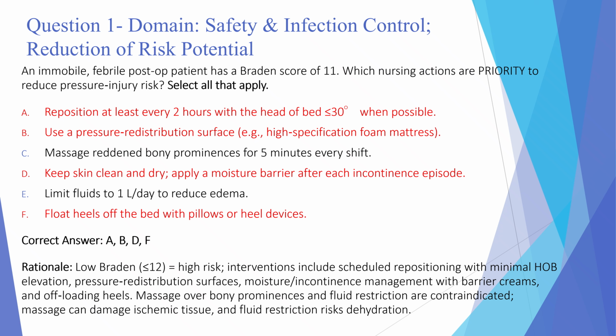Interventions include scheduled repositioning with minimal head of bed elevation, pressure redistribution surfaces, moisture and continence management with barrier creams, and off-loading heels. Massage over bony prominences and fluid restriction are contraindicated.